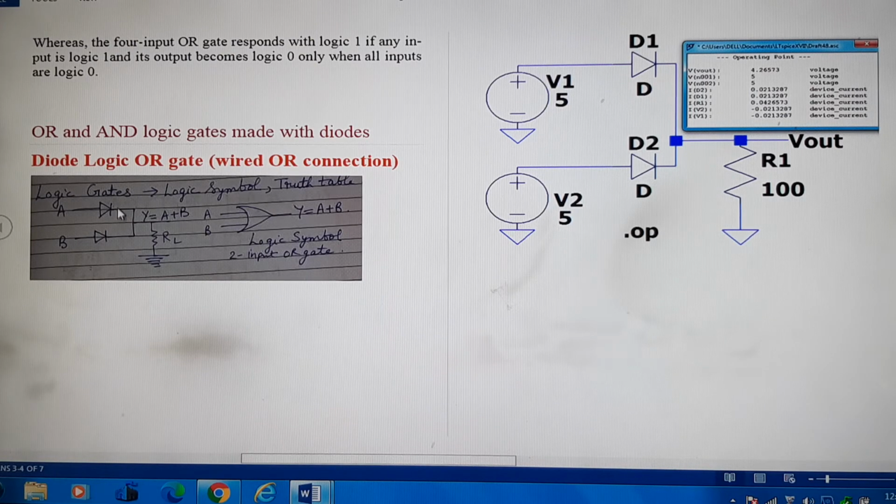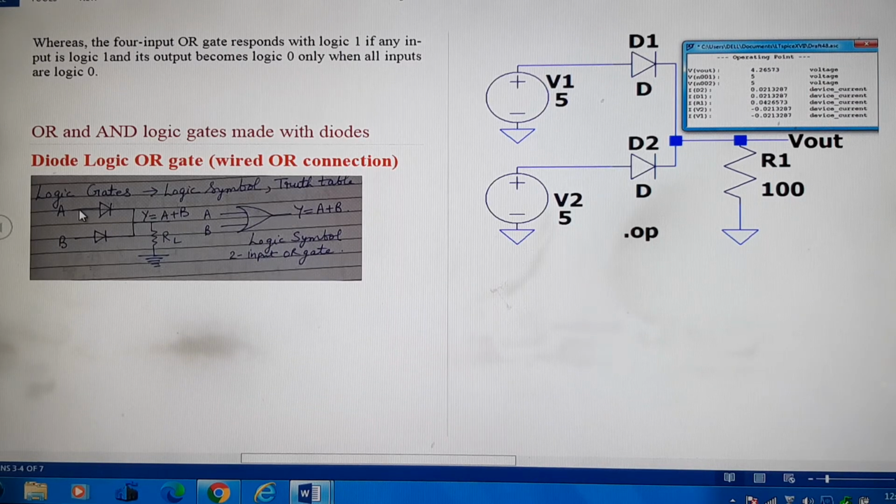The voltage at the anode should be higher, or you can say the voltage at the cathode should be 0.7 volt lesser than the voltage at the anode. So the voltage at the conducting diode's cathode should be equal to 5 minus 0.7, or you can say 4.3 volts, which is interpreted as logic high.